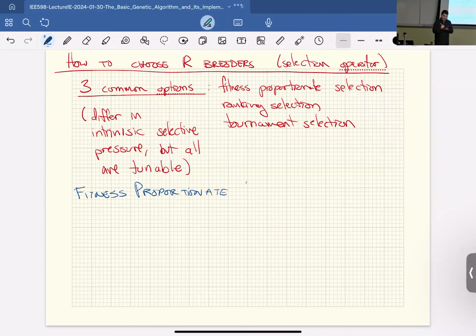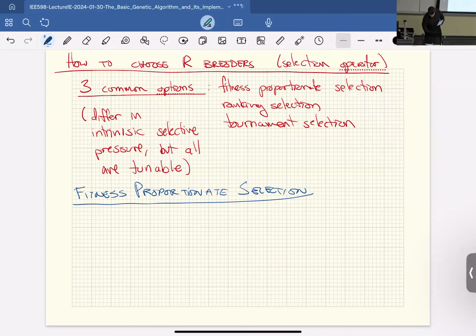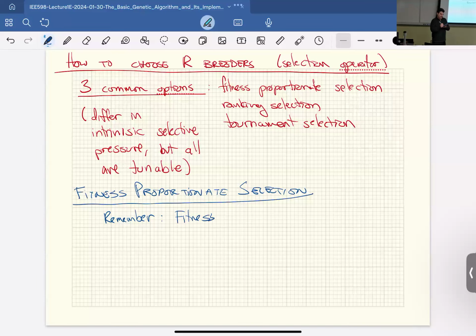Proportionate selection, sometimes called roulette wheel selection. And by the way, remember, fitness F is non-negative, or, arbitrarily, we could say strictly positive.